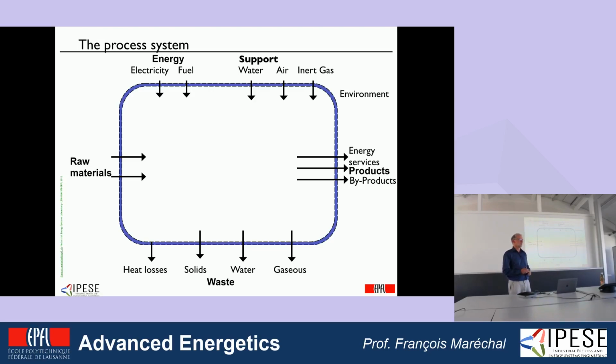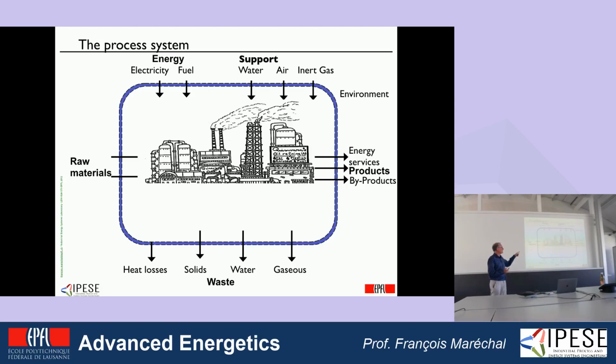Sometimes I'm wasting because I leave a door open, or I have to leave a door open. And then, of course, I will enter into the elements that are in the system, and we will end up by looking at the efficiency of the pump.